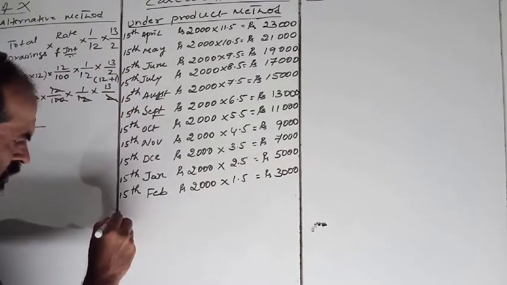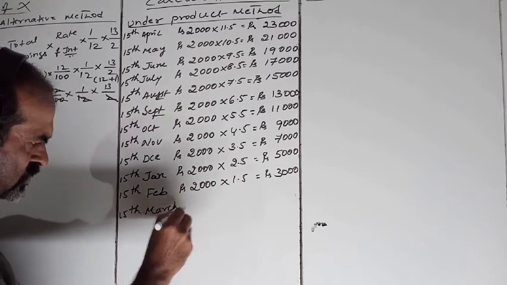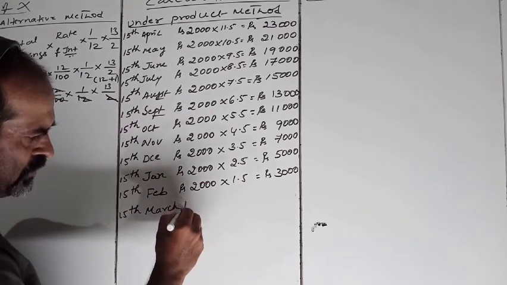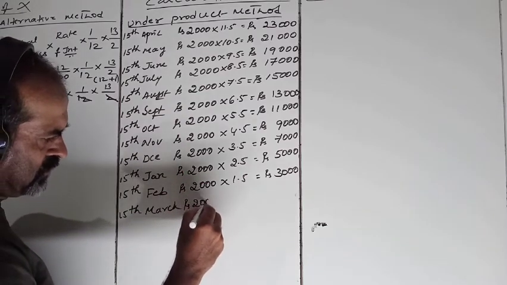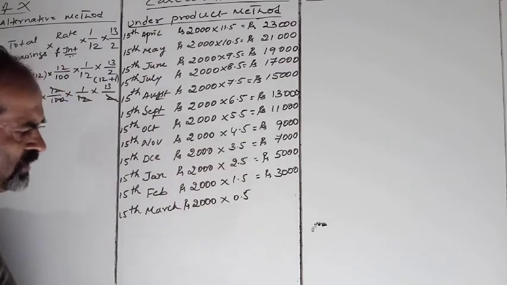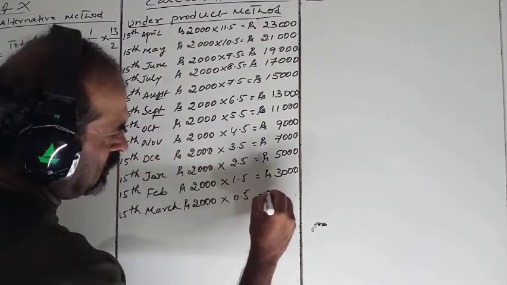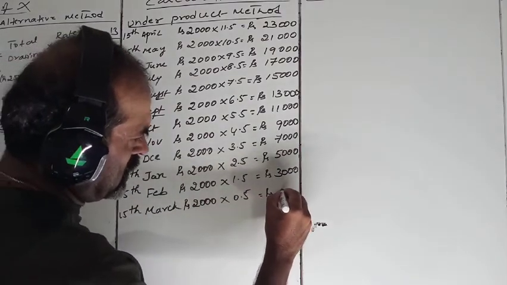The last withdrawal, the last month, March, on 15th, rupees 2000 for half month up to 31st March. From 15th March only half month, it is 1,000 rupees.